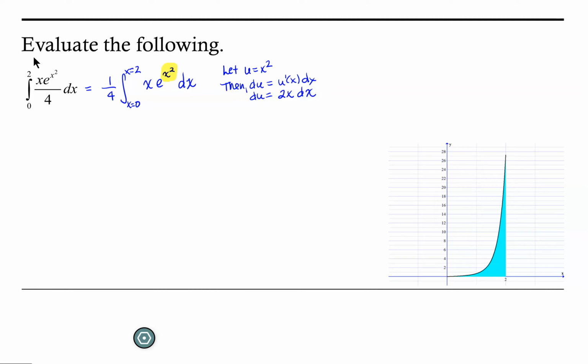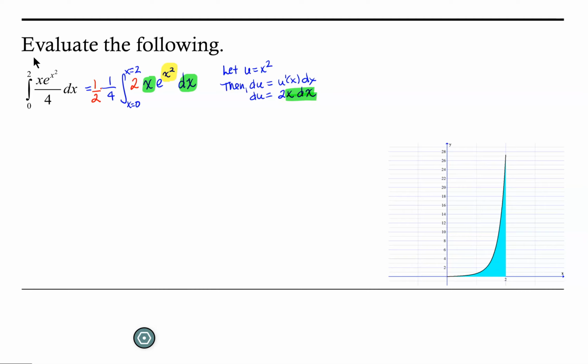So first of all, let's investigate our differential. Notice that in our differential we need 2x dx. I've got the x and I've got dx. I'm missing this factor of 2. So let's go ahead and multiply by 2 and by 1/2. And 2 times 1/2 is 1, so we haven't changed the value of this integral.